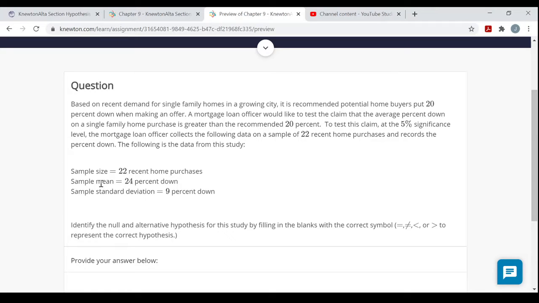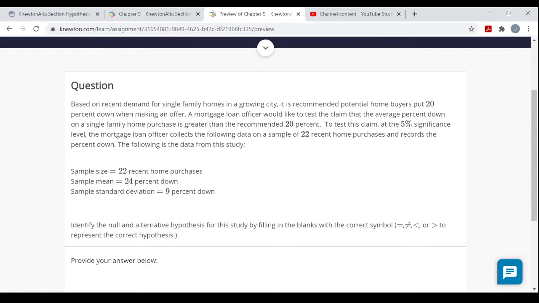The sample mean, the x bar, is 24% down. And the sample standard deviation for these 22 homes is 9% down. All right, so we're going to test this claim.